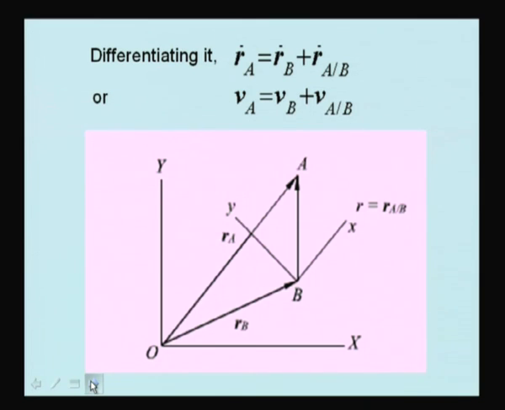That means the velocity of particle A is equal to the velocity of particle B plus the velocity of particle A with respect to B.